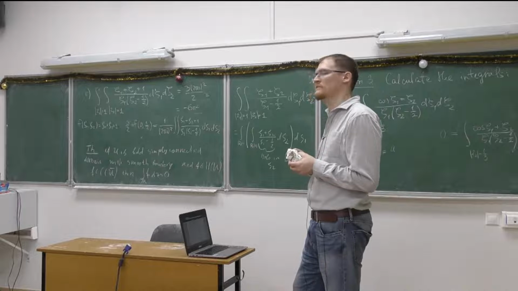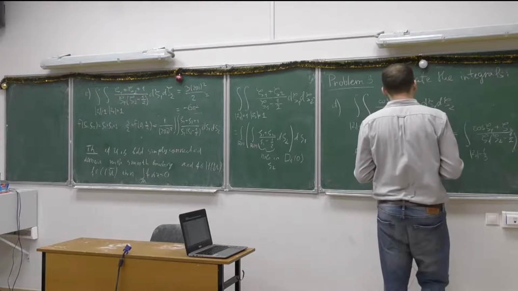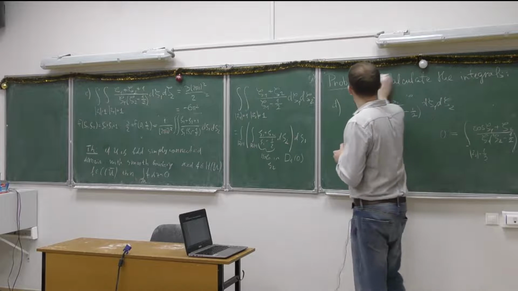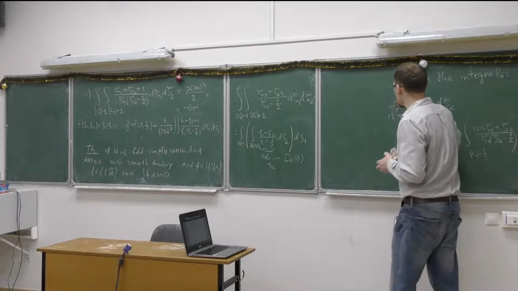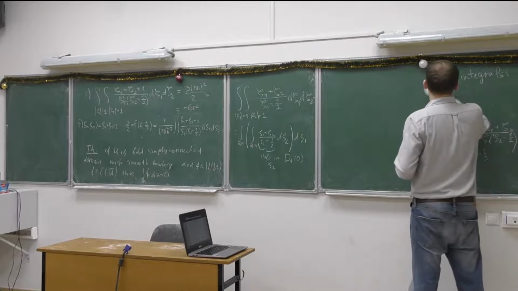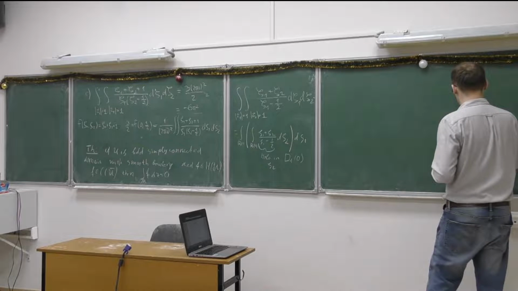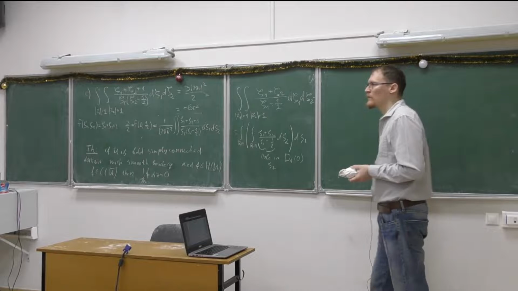You have to show that if the function is holomorphic in some domain, then in a small neighborhood of each point it can be represented by a convergent Taylor series. I can just make a small first step of this.